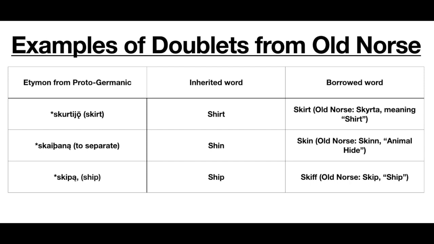So then we're left with two words like shirt and skirt, and as we can see, those words are somewhat related. They're both clothing items, but they do have pretty distinct meanings, right? Or skin and shin. They're both body parts in a way, but they have slightly distinct meanings. So oftentimes what will happen with doublets is that the meanings of the words are similar, but not quite the same.